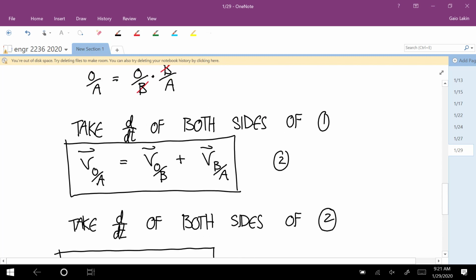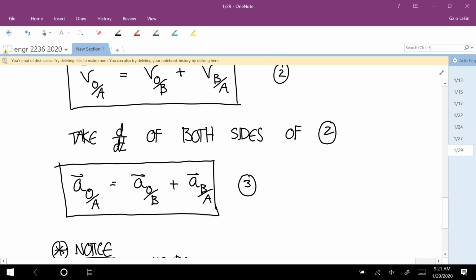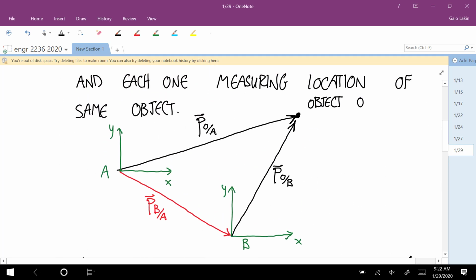Okay, so let's see why that works. Okay, so how does this work? So this right vector is the position of B relative to A. What if we got through our equations and we're like, oh, we want position of A relative to B? Well, that's the location of the origin of A as seen in this coordinate system.